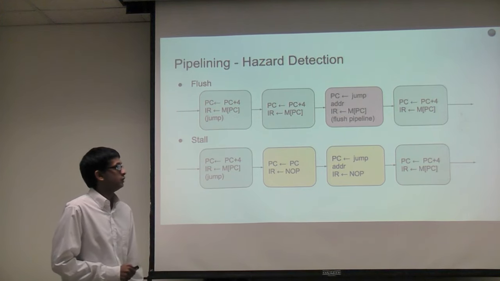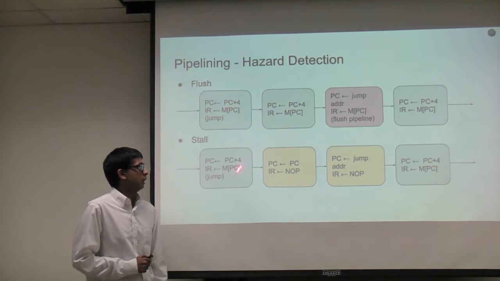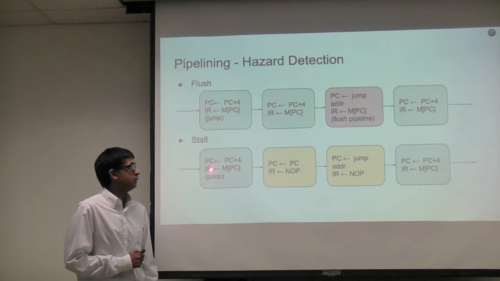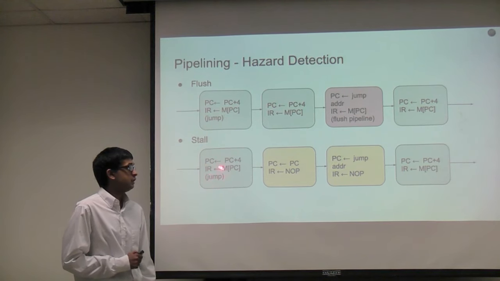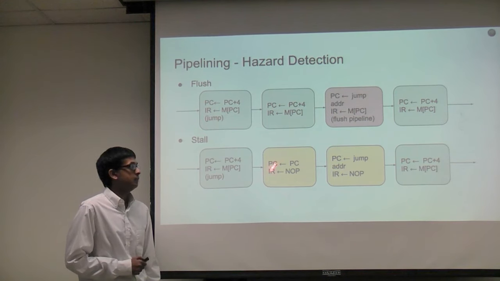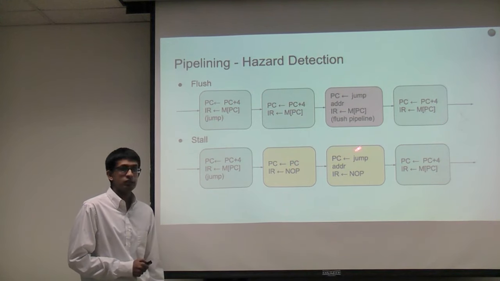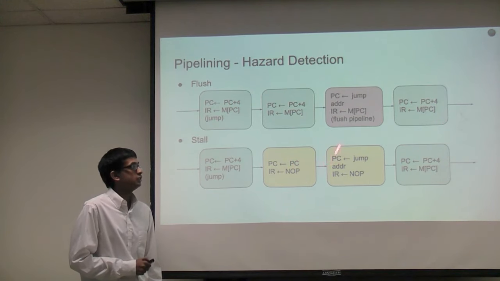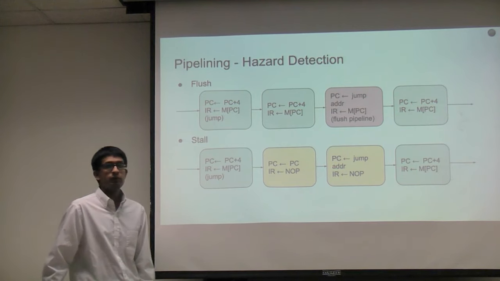The second approach is stalls, where once the control unit detects some kind of PC change, for example a jump, then we set the PC to not change, and we set the IR to do no-ops until the PC actually changes, and once the PC actually changes, then we continue with the pipeline.